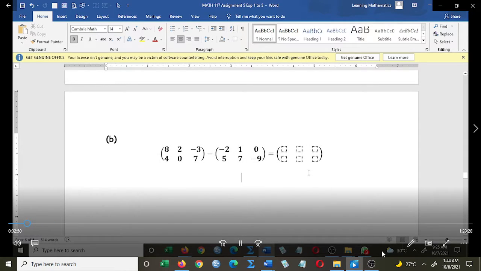So I need some participation. Can somebody please tell me what number comes here in that position, in that square there?